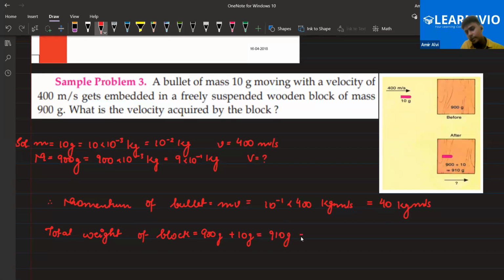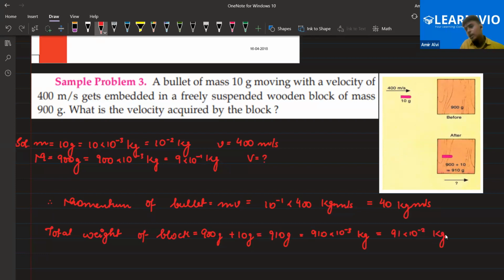If you convert it into kgs, it is 91 into 10 to the power minus 2 kg.